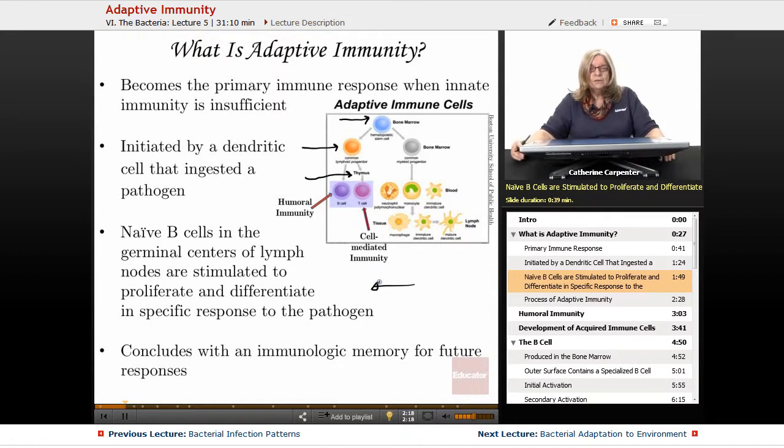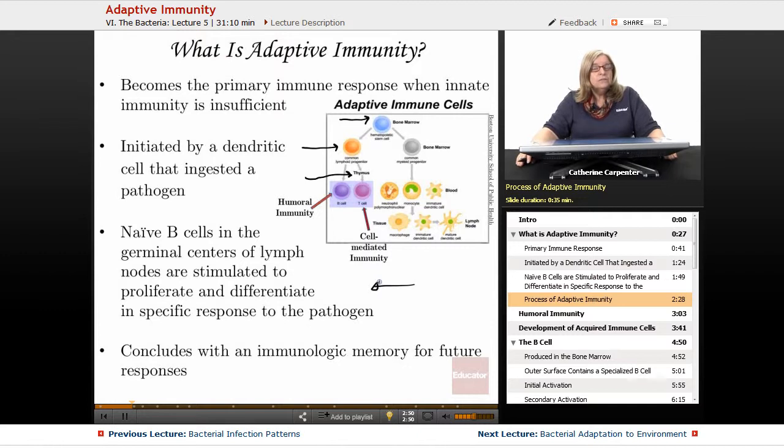During the process of adaptive immunity, we identify the pathogen, we determine that the pathogen is different from the human organism and the various human tissues, and then we differentiate cells that help to facilitate other cells coming, and then we eradicate the pathogen.